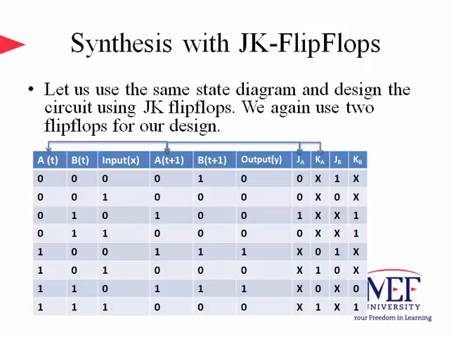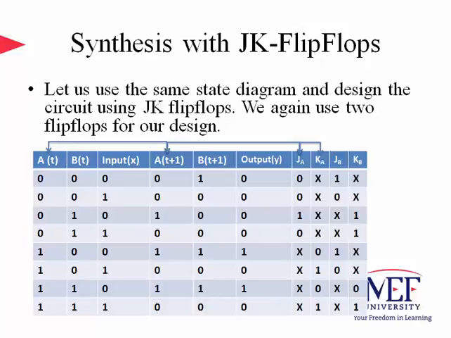For example, A(t) and A(t+1) being 0, 0, we need JA and KA to be 0 and don't care respectively. And for B(t) and B(t+1) to be 0, 1, we need JB and KB to be 1 and don't care respectively, to be able to satisfy the state transition of 0, 0 to 0, 1.